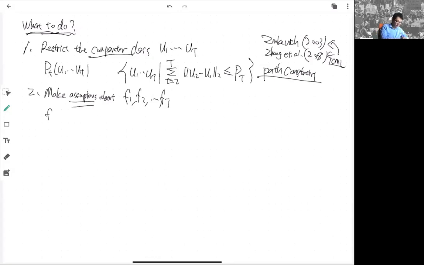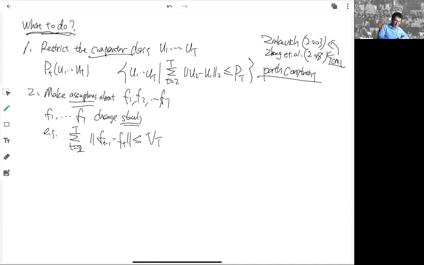It's often in the form that f1 to fT change slowly. For example, we can talk about the sum from t equals 2 to T of some kind of norm between the functions being smaller than VT.